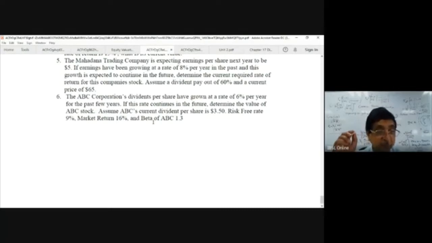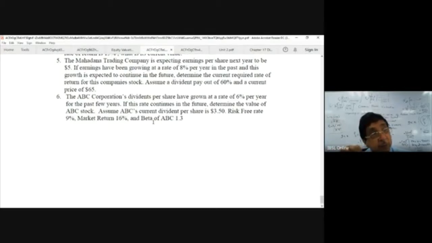I will read the question for you. The ABC Corporation's dividends per share have grown at a rate of 6% per year for the past few years. If this rate continues in the future, determine the value of ABC stock. So that is the question. But in order to determine the value of the stock, you have to apply the one-stage dividend discount model. There you need the current dividend, and the dividend growth is available. The current dividend is also available.